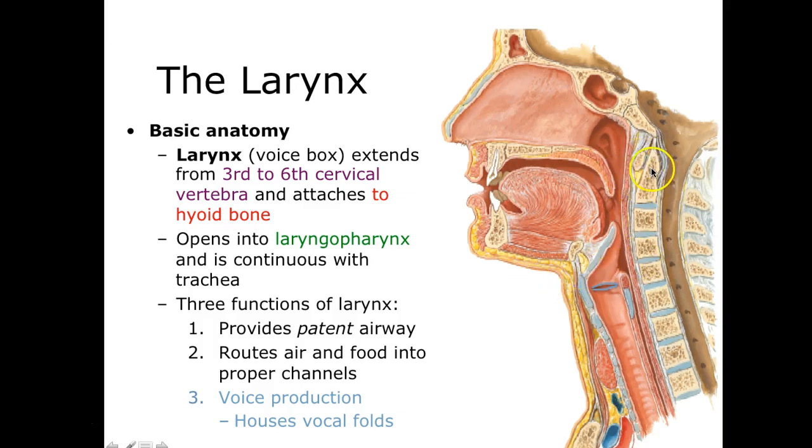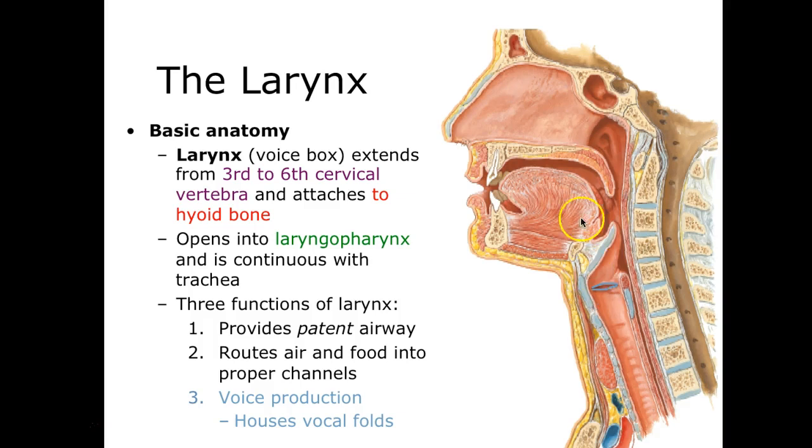Here's atlas, C1, here's axis, C2, and here's C3, at the very top of this cartilage piece called the epiglottis. So that's C3, C4, and C6, about the point where we see the vocal folds and the bottom of our cricoid cartilage. That's the end of the larynx.